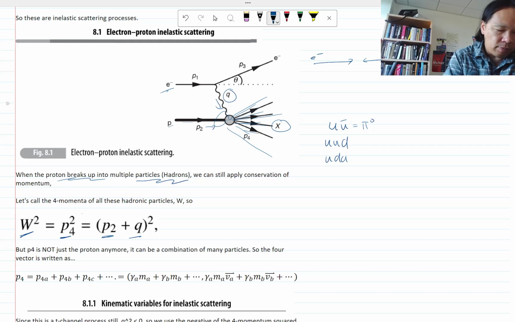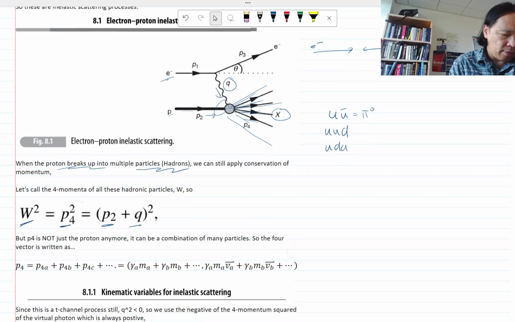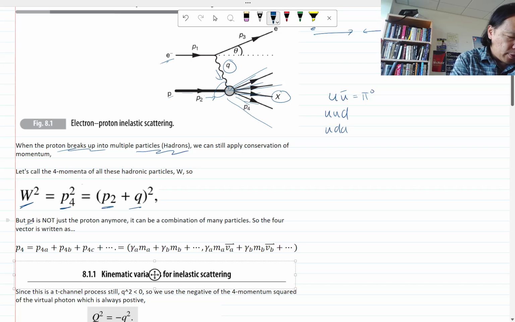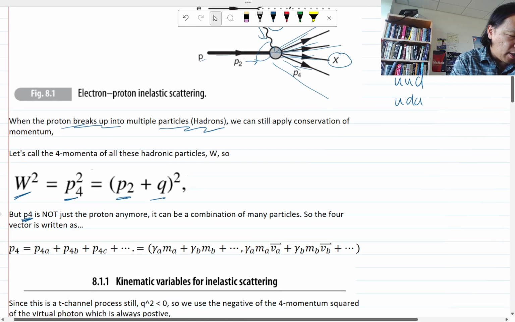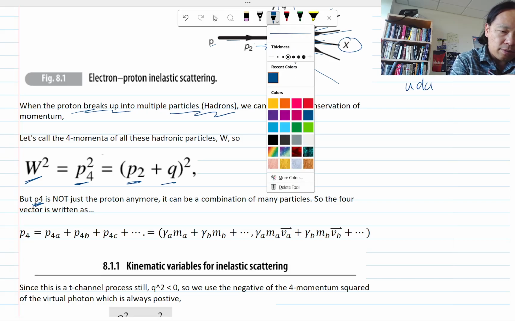Conservation of momentum tells you that P2 plus Q equals P4, and then if you square that, you're going to have the mass of whatever particles we're talking about. Yes, P4 is not just the proton anymore. I'm going to make the line a little bit thicker here.